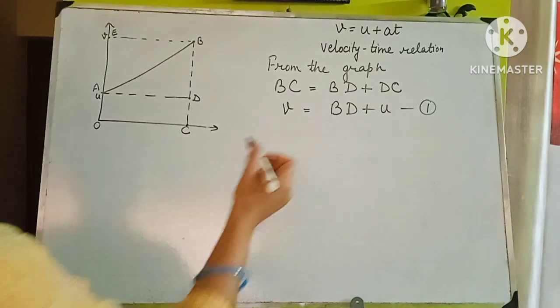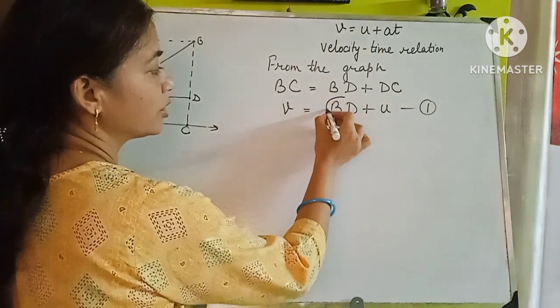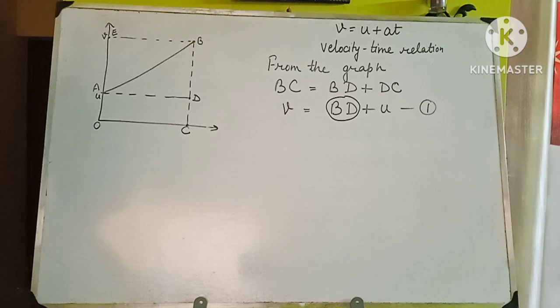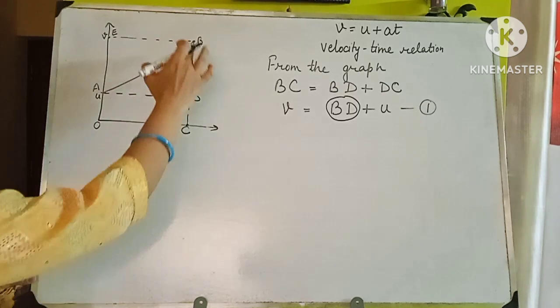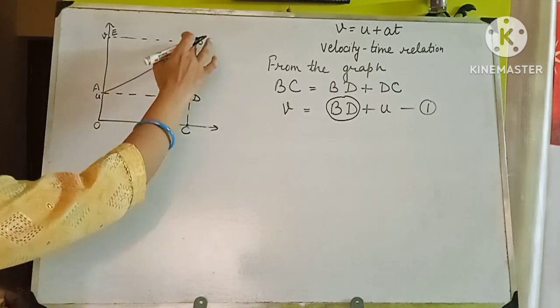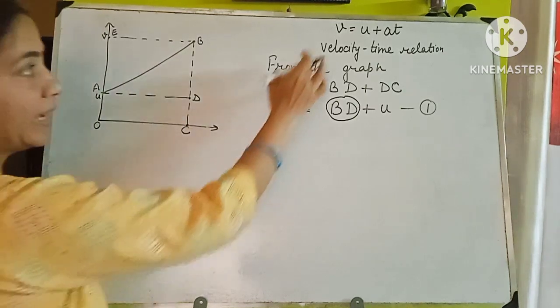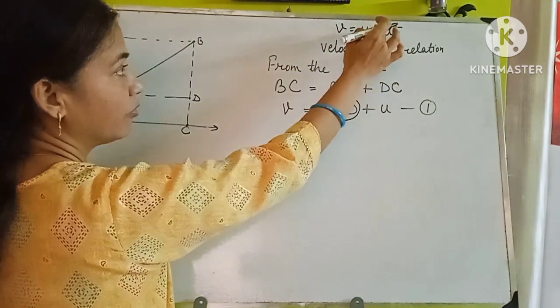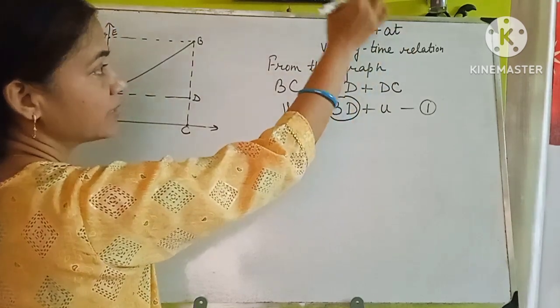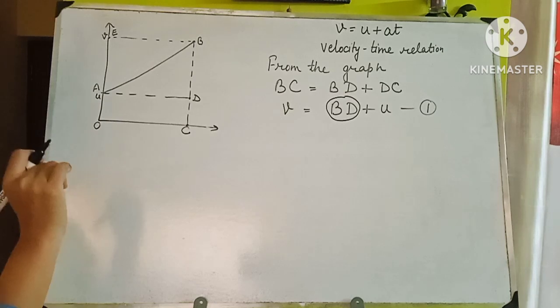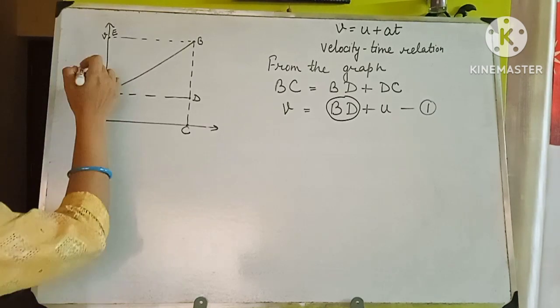Now this BD we need to substitute with something from the graph, because we don't want it in our equation. Coming back to the graph, BD is the vertical distance. We already have V and U, only A and T are missing. A is the slope of the graph, and it's a VT graph.